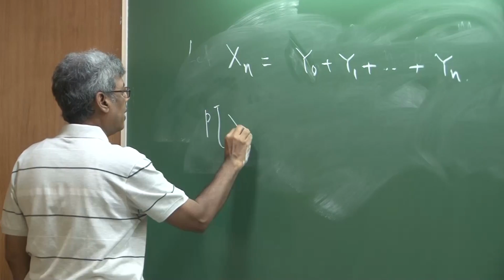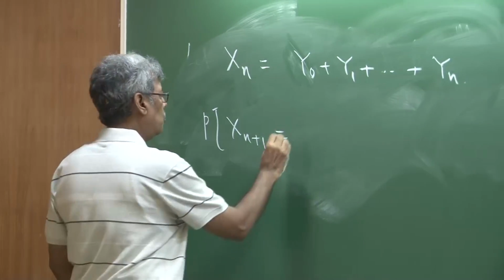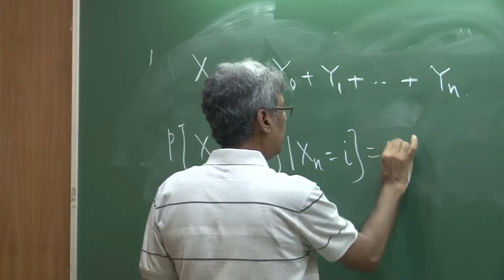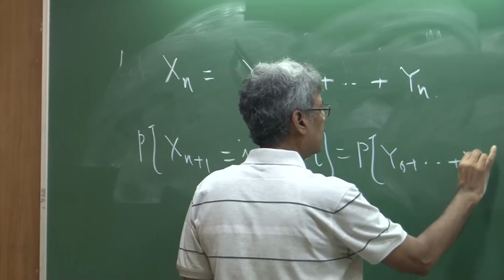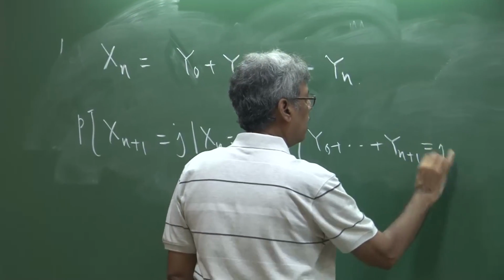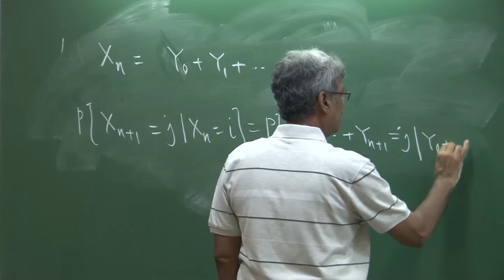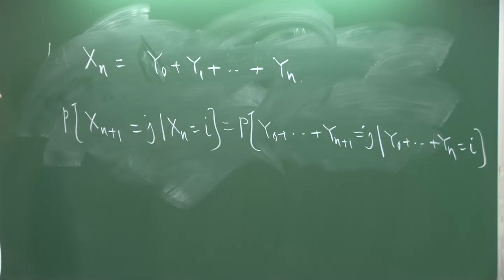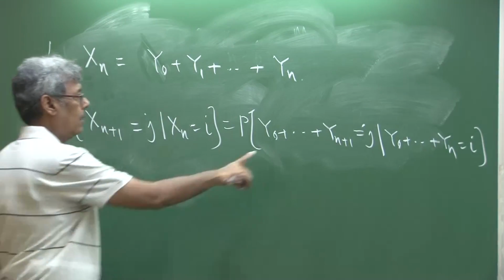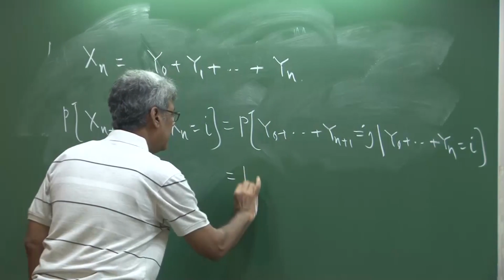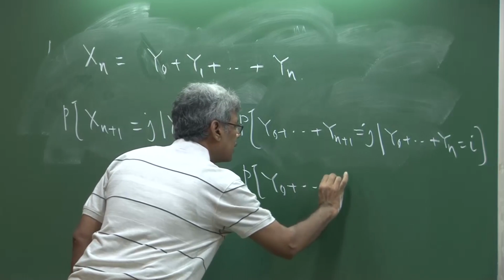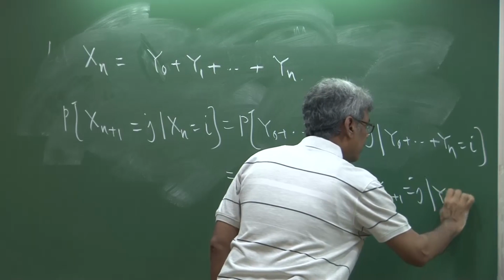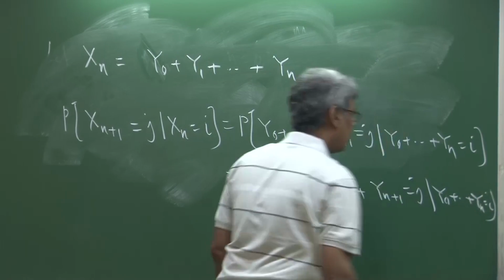Probability Xn plus 1 equal to j given Xn is equal to i, which is the same as probability Y0 plus Yn plus 1 is equal to j given Y0 plus Yn is equal to i.